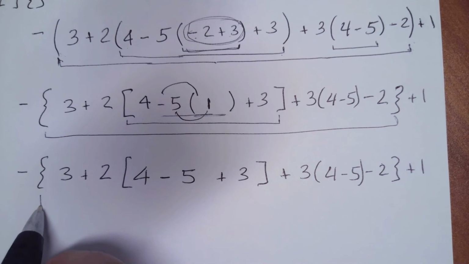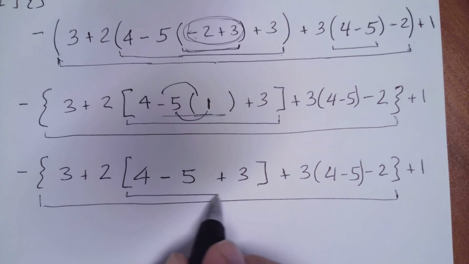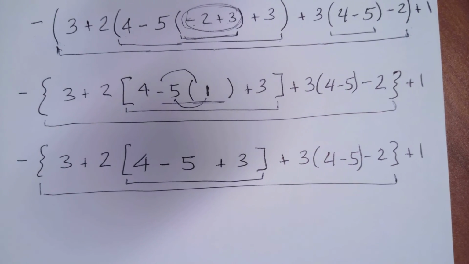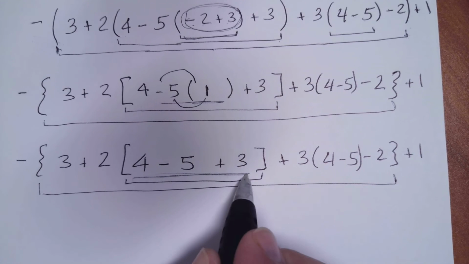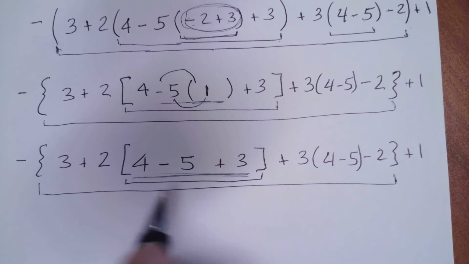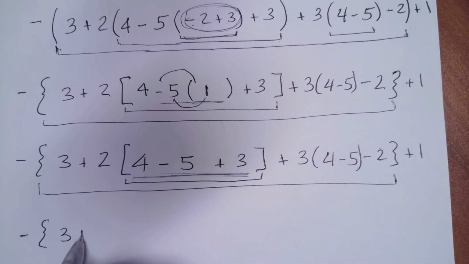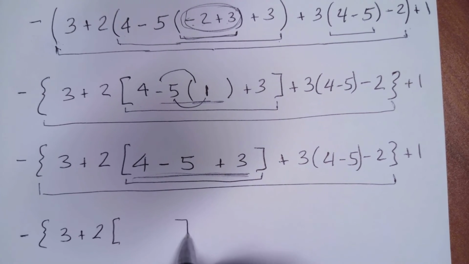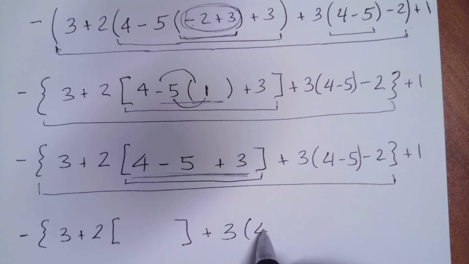Next step, I do inside the brackets again. So I have to do inside this one. Since there's no special operations in multiplication, it's just read left to right. I'll write the rest of this stuff down.